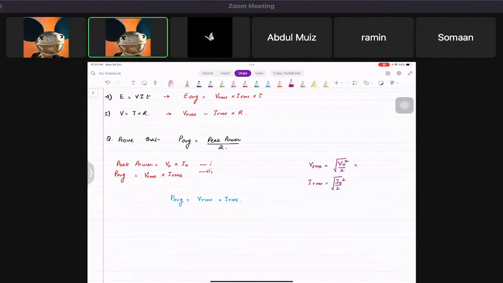We can simply write it as V naught over root 2 and I naught over root 2. That's easier to remember and write. So instead of Vrms, I can write V naught over root 2 times I naught over root 2. You guys agree to this?